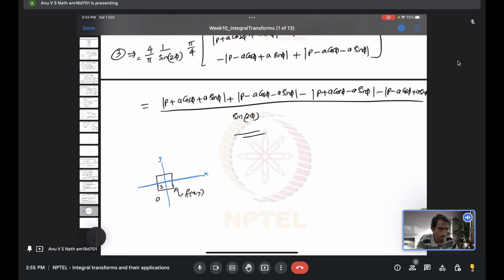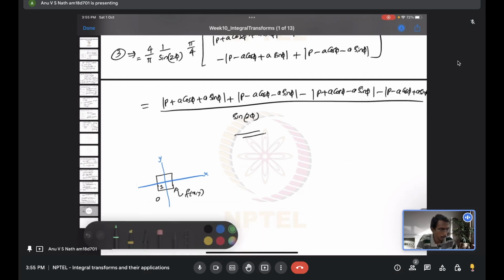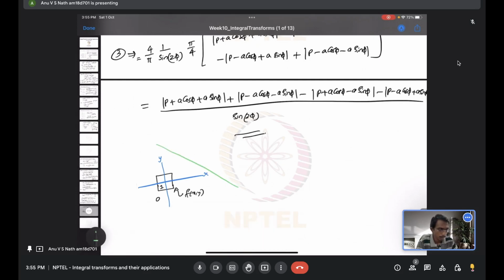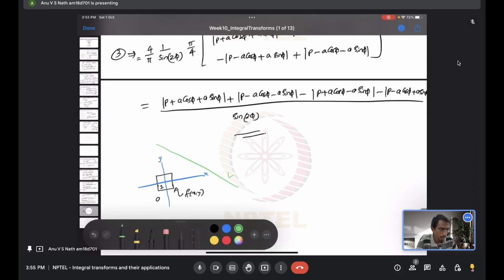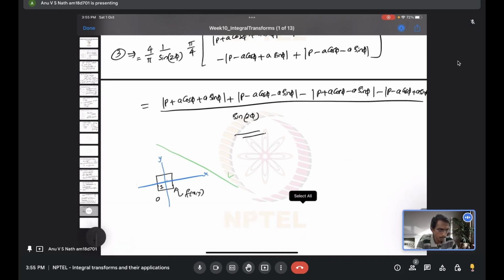And you are projecting it to a line which is p distance from the origin and inclined at an angle phi. Since there is definitely an angle dependence, you will explicitly find that in this expression.